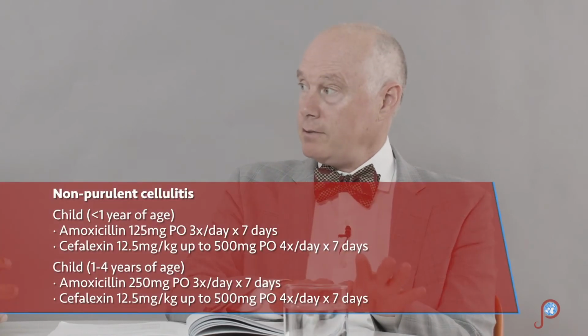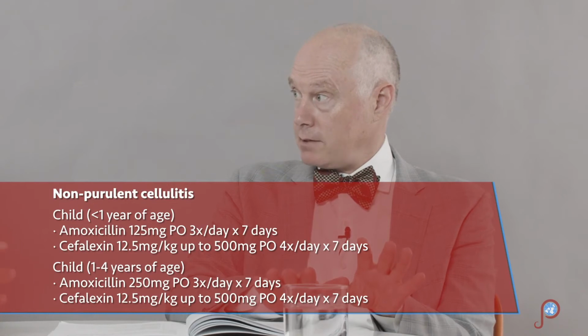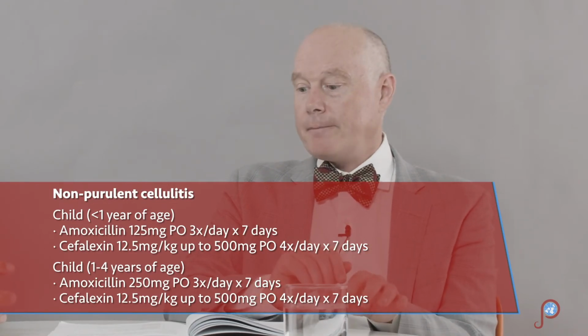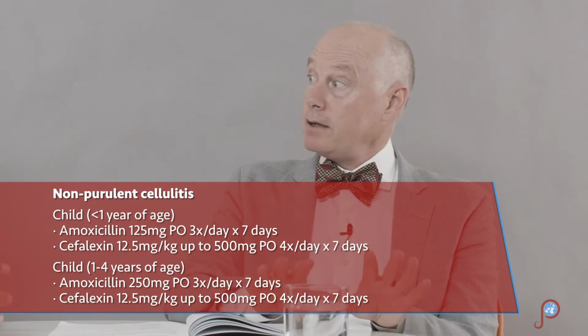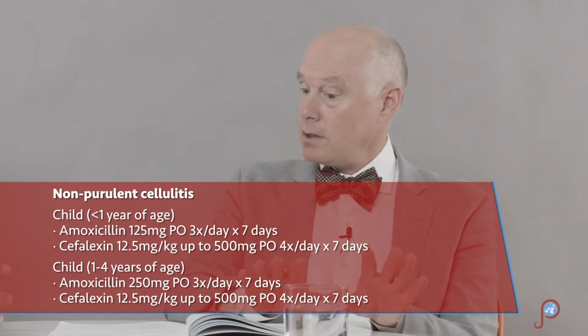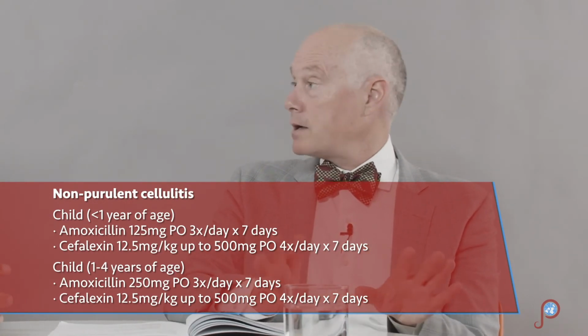Let's talk about the treatment, which is going to follow from an accurate diagnosis. The accurate diagnosis you want to make is non-purulent or streptococcal cellulitis or erysipelas. That is going to respond very quickly to antibiotics that target strep. So we often recommend amoxicillin.